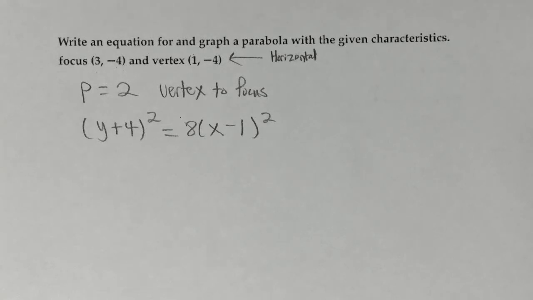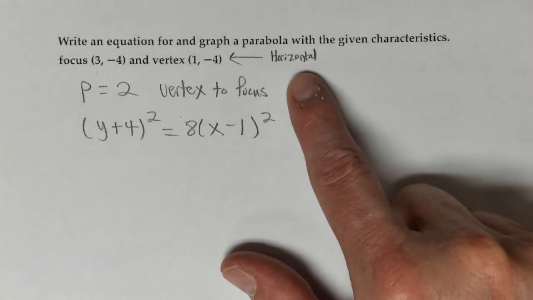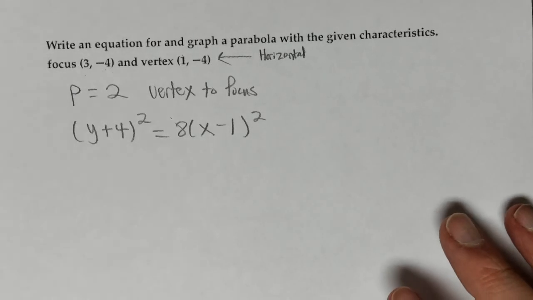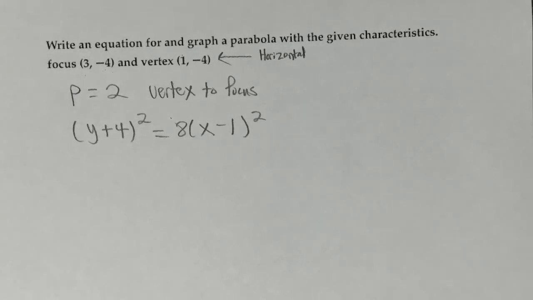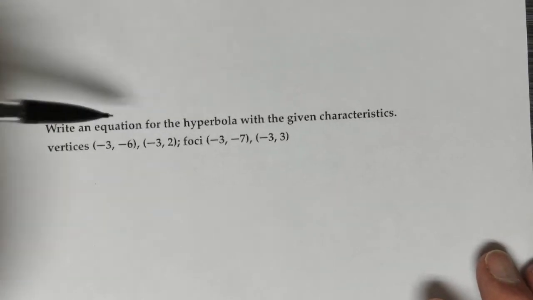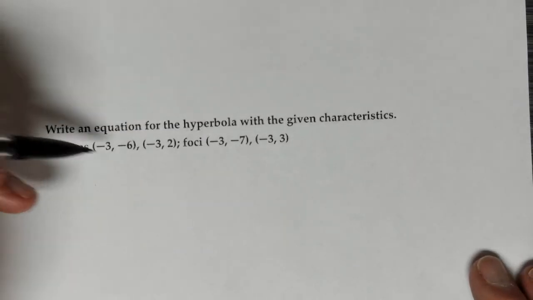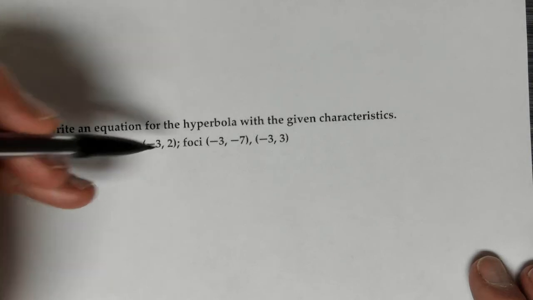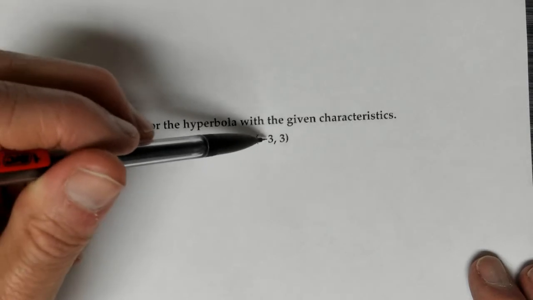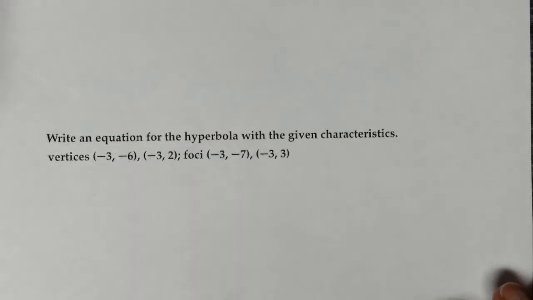All right, so like I said, unless it's a circle, it's very important that we decide whether our conic is oriented horizontally or vertically, because they all have two forms except for circle. Okay? All right, what about the next one, though? See if we can write the equation of a hyperbola with vertices at -3, -6 and -3, 2, and foci at -3, -7 and -3, 3. Okay?